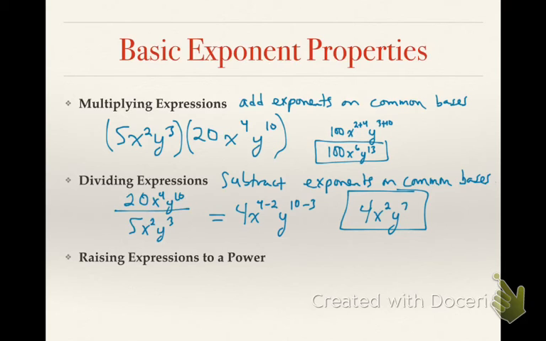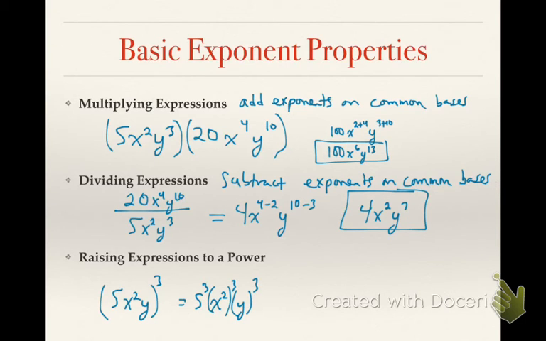And raising an exponent to a power, say I have 5x squared y, and I raise it up to the 3rd power. What I do is I raise every single term in that particular expression, that monomial, to that same power. So that's going to be 5 to the 3rd, x squared to the 3rd, and y to the 3rd.